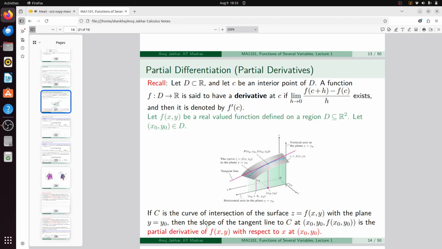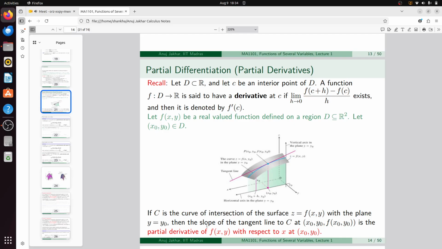Before starting with partial differentiation, I will say a few things. In single variable calculus, you have only one variable to play with, so only one kind of differentiation is there. But if there is more than one variable, then how to define differentiation?